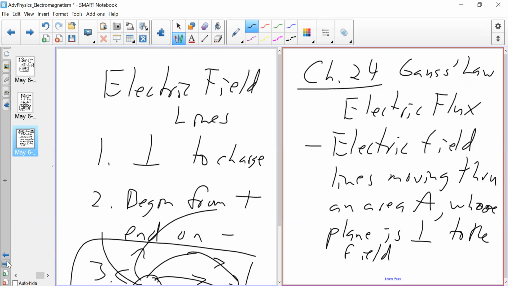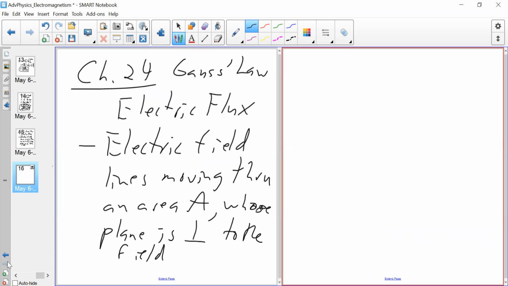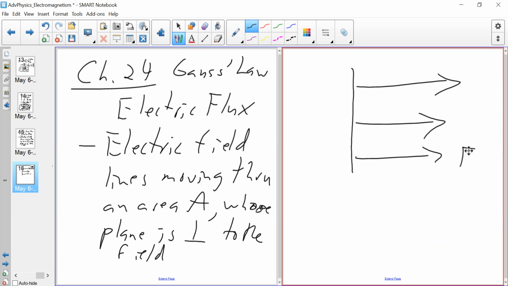What does that look like? Let's say we have a sheet of paper and we're looking at it from the side. We have electric field going through like this. This electric field is perpendicular to this plane, forms 90 degrees, but I guess I'll get to that in a moment. The thought is there.